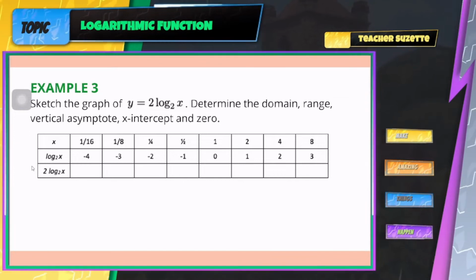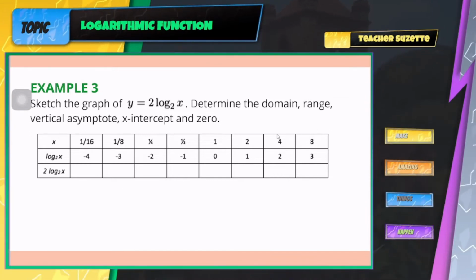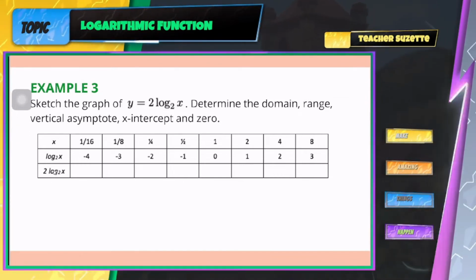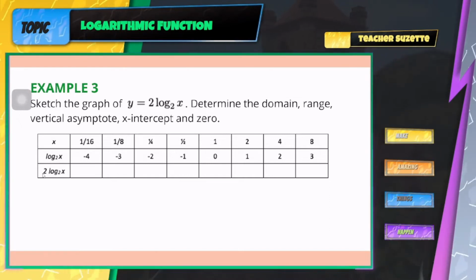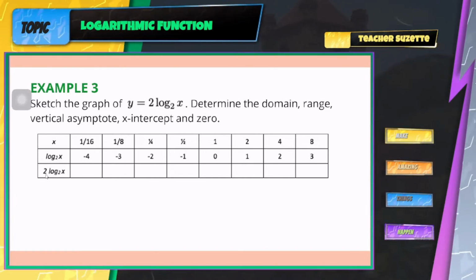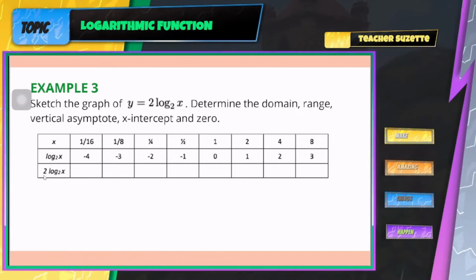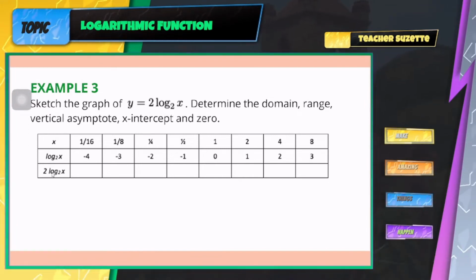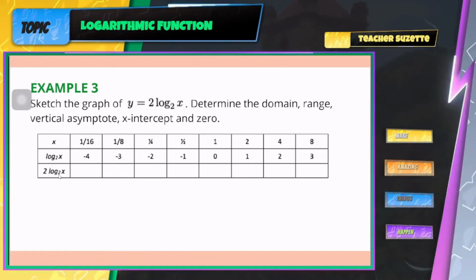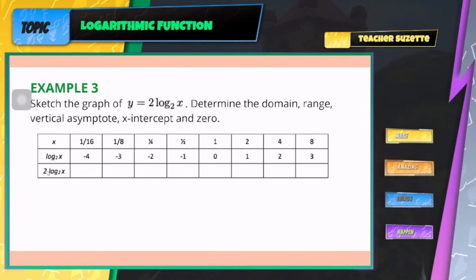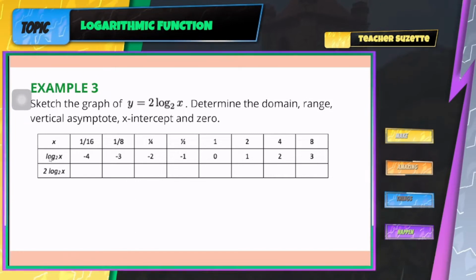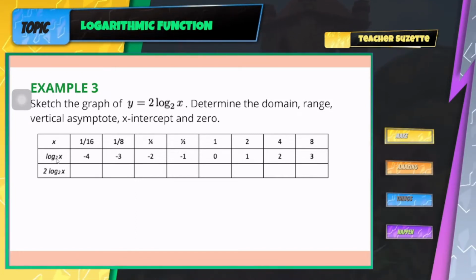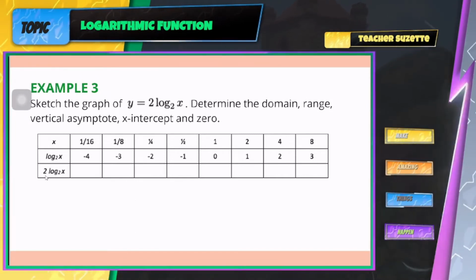So, first, let's complete our table of values. This is just easy because for us to get the y coordinates of y is equal to 2 logarithm of x base 2, all we need to do is multiply the values that we have for logarithm of x base 2 with 2.